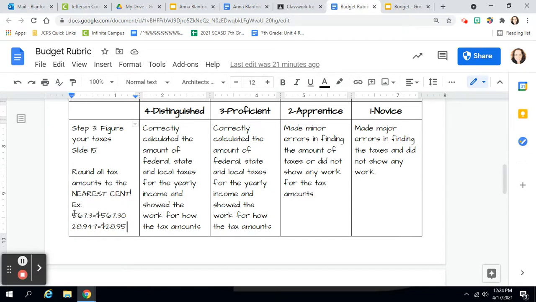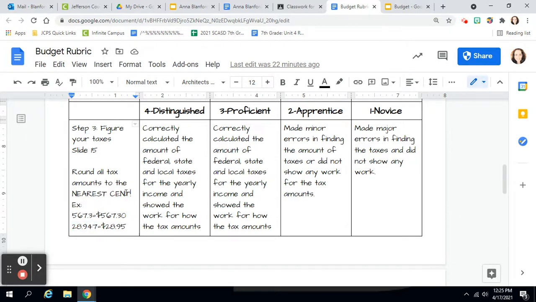So if you do your calculations and it comes up like this one, 567.3, well, you need to know that we have to add a zero to show that that 0.3 is actually 30 cents, right? For this one, the calculation goes beyond the cent. So it's 28.947. Well, I have to know that that's $28.95 because this is going to round up.